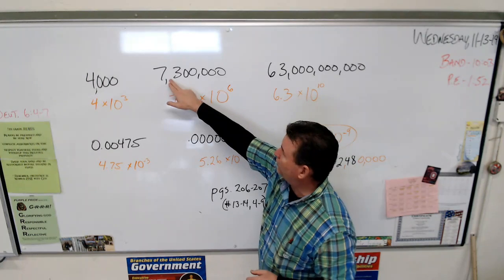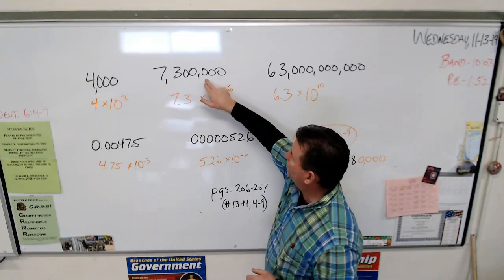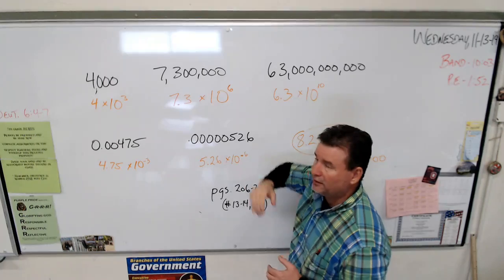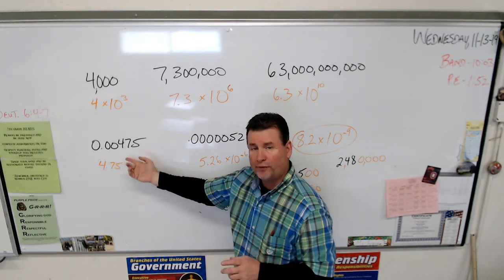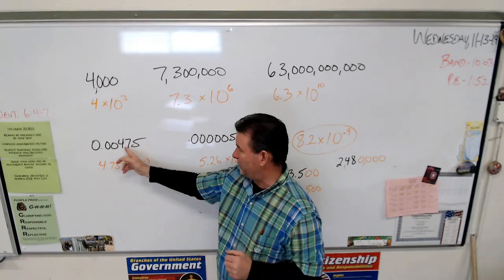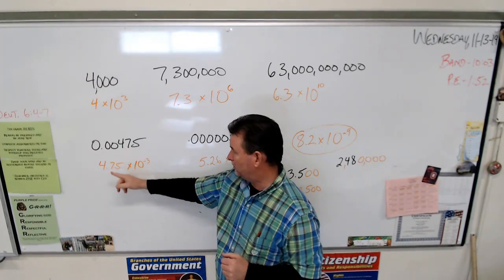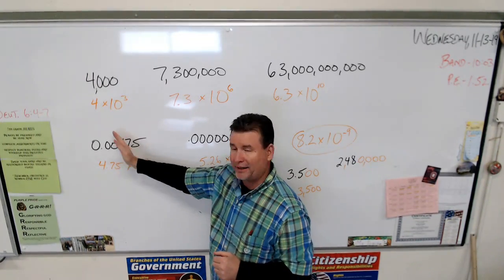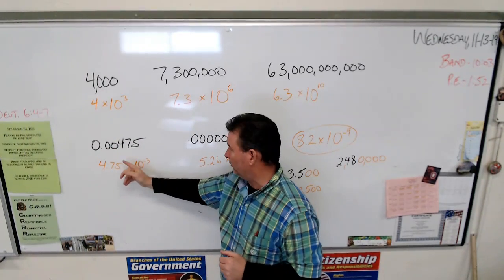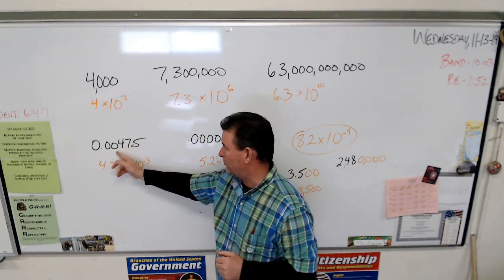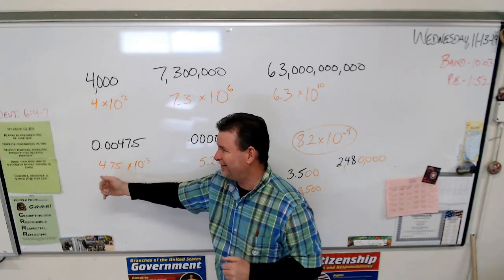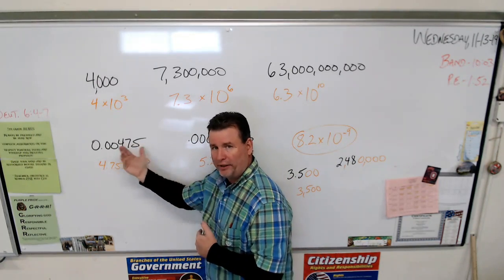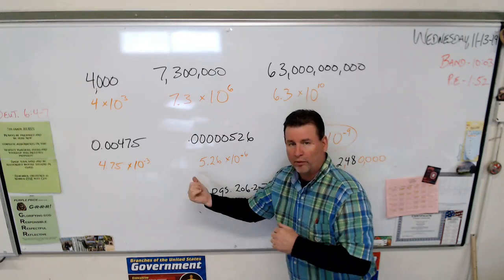You'd have 1, 2, 3, 4, 5, 6 places, 10 to the 6th. If you move the decimal point behind the 4, how would you get back to the original standard form number? You would have to move it 1, 2, 3 to the left. So it's -3 because you're moving it to the left. We'll review that tomorrow.